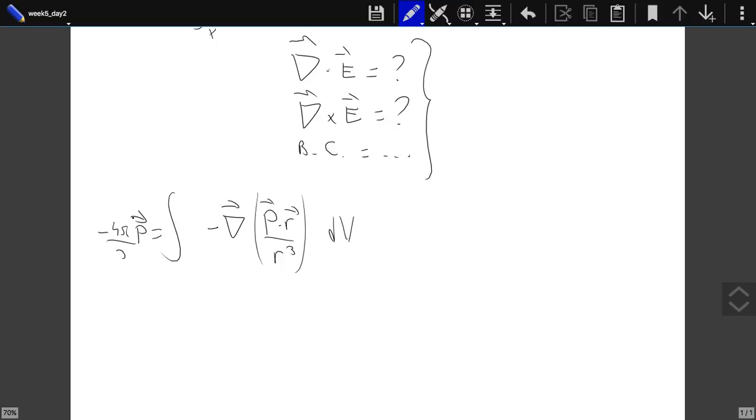It was mentioned that we should use the general form of the Gauss theorem. Which is?